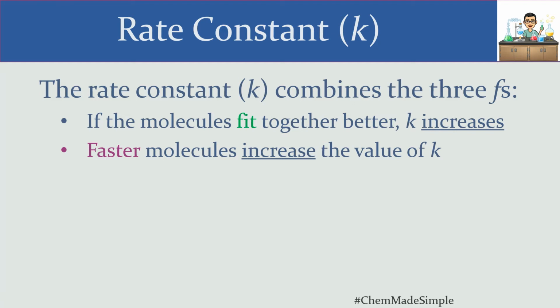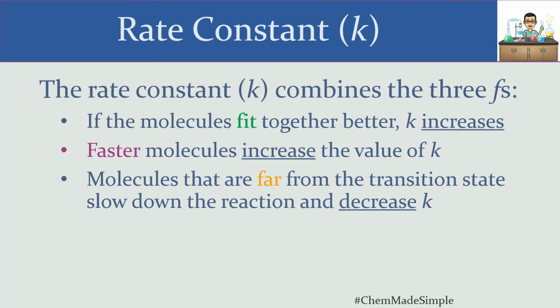And if our molecules are moving faster, that's also going to increase the value of k, because we want k to be a representation of how likely or how probable that reaction is. The farther away our molecules are from the transition state, that's actually going to slow our reaction down.